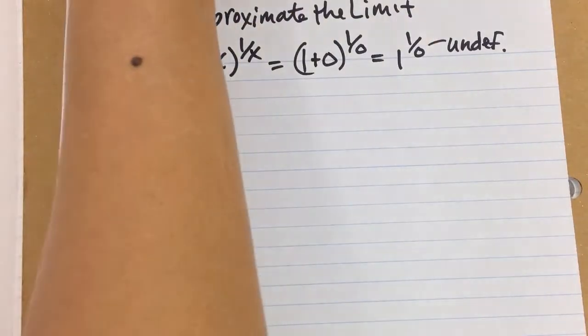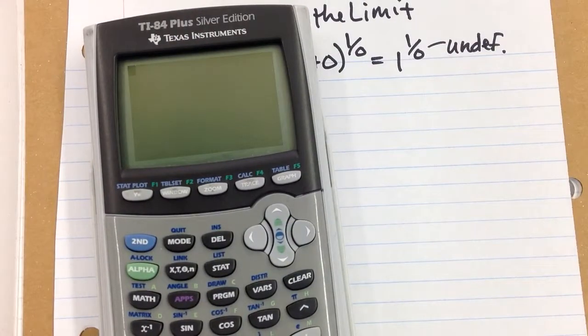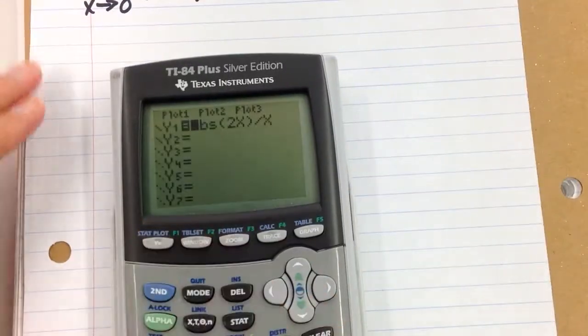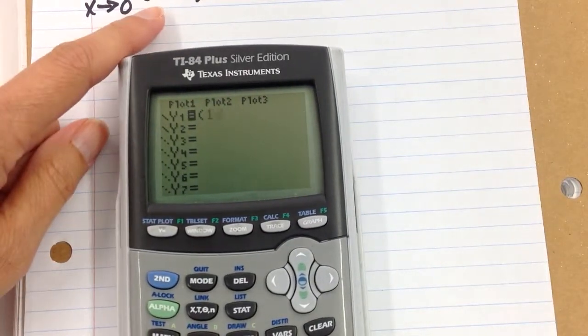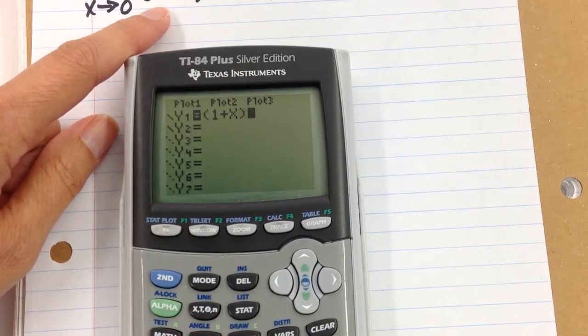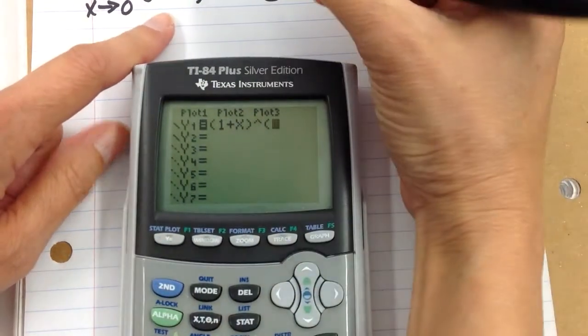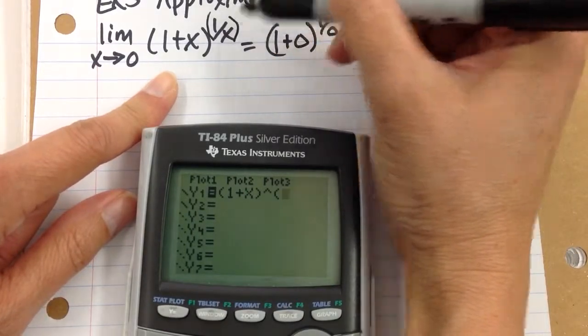Okay, so let me switch. These buttons are a little sticky, so let me switch here. So let's plug it into our graphing calculator. So we have parentheses 1 plus x parentheses to the, and then you have to put parentheses around this, right, when you enter this in your calculator, 1 divided by x.